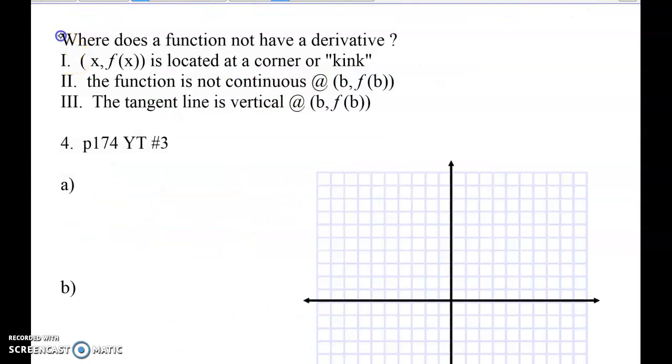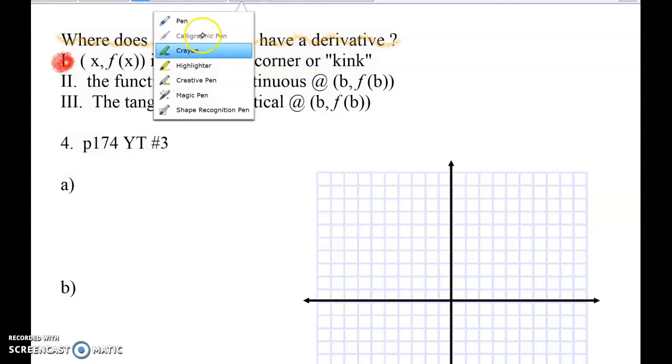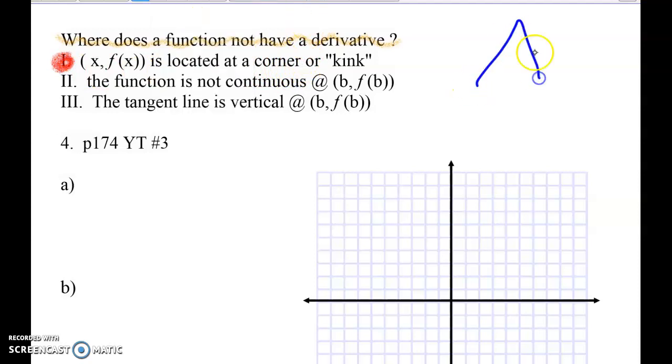Good question. Where does a function not have a derivative? We see that there's not a derivative at a corner or a kink. So if ever the function comes to a point, turns a corner, there's no derivative at that exact spot. We also see that a function will not have a derivative where it is not continuous.